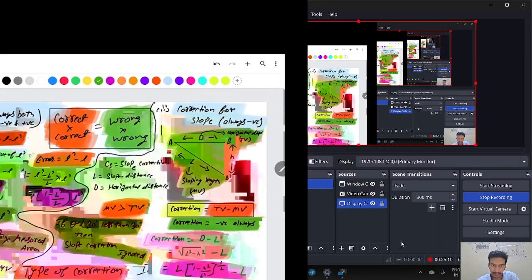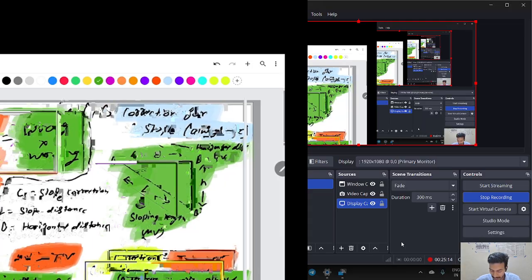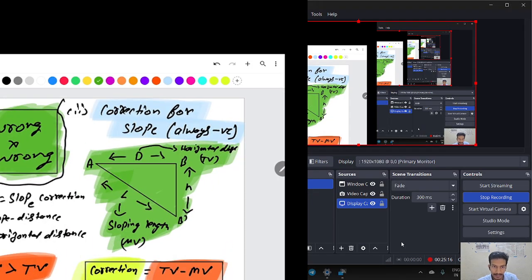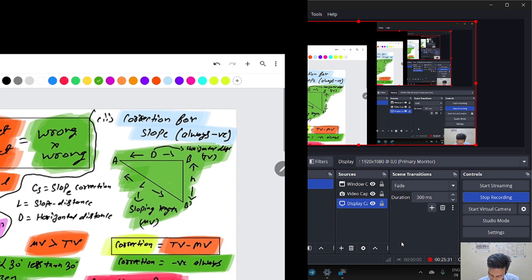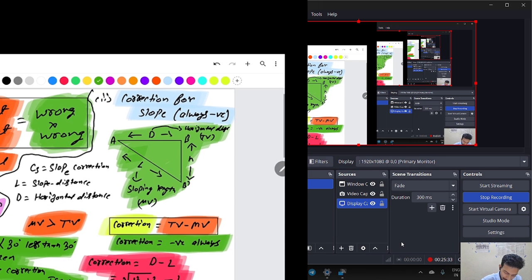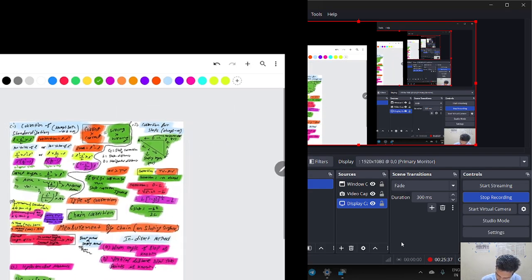Now we will discuss the correction for slope. Correction of slope is always negative. Remember, S for slope, S means donkey, brother of donkey.